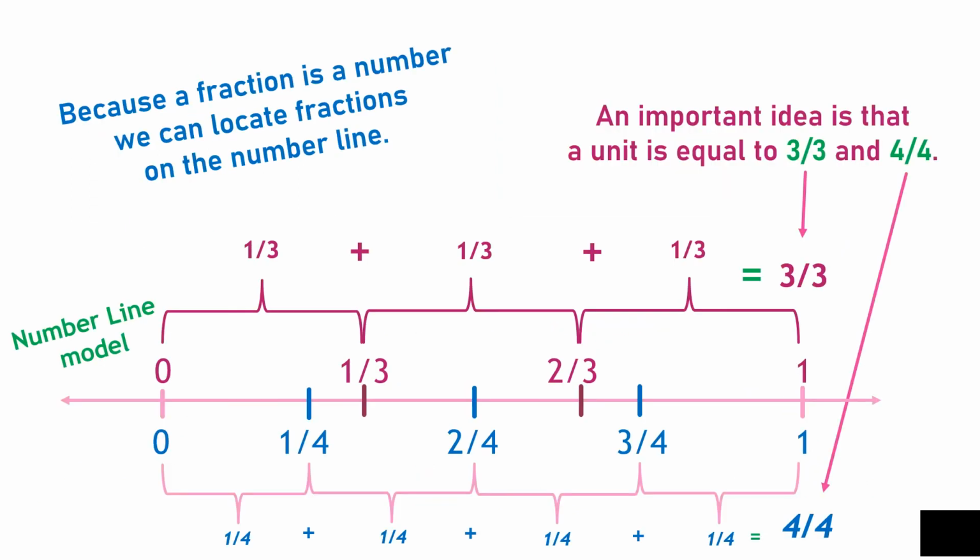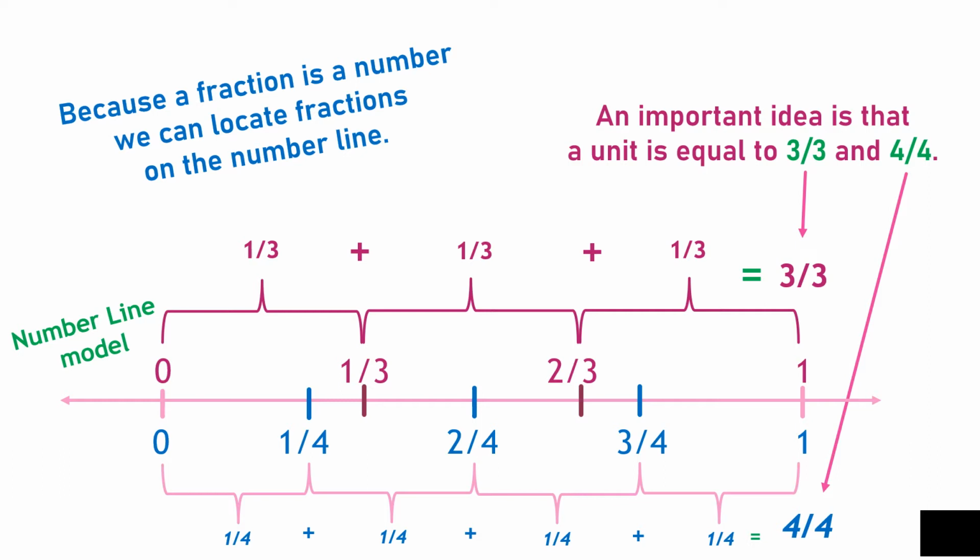Because fractions are numbers, we can locate fractions on the number line. Here we see a unit divided into 3 equal parts, or thirds, and 4 equal parts, or fourths. And there are many things we can learn from looking at these numbers on the number line.